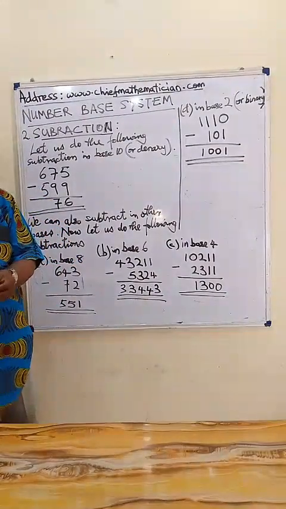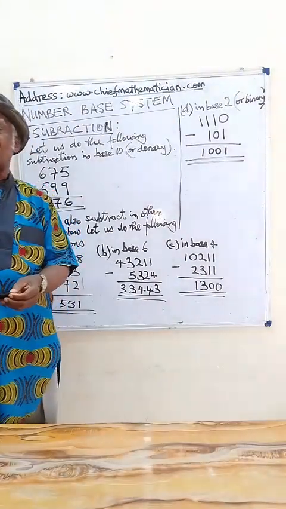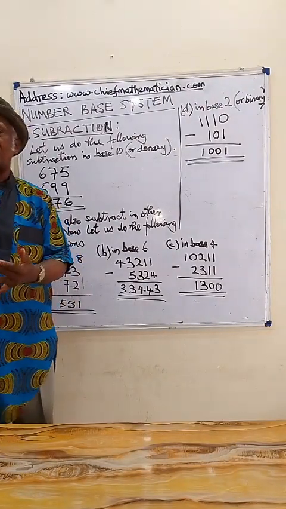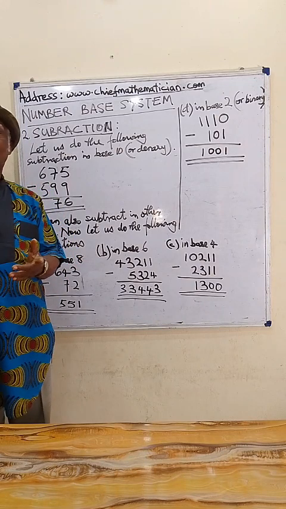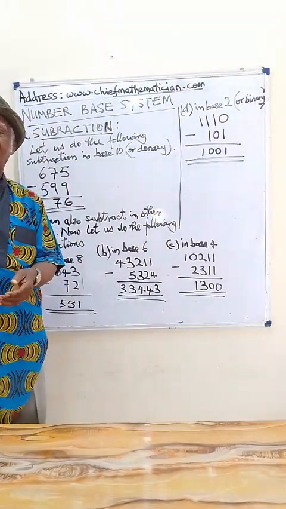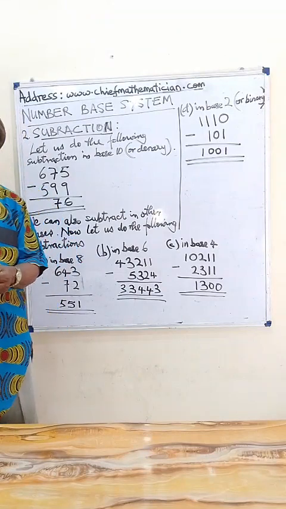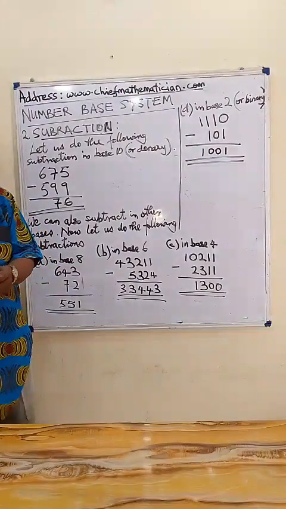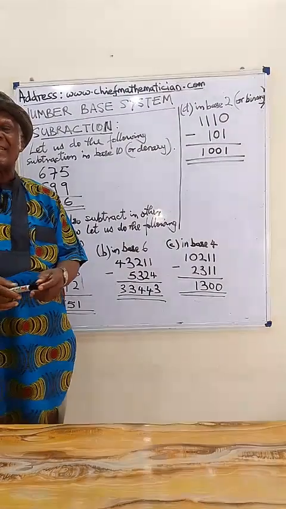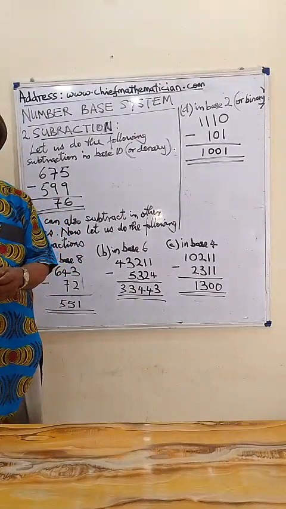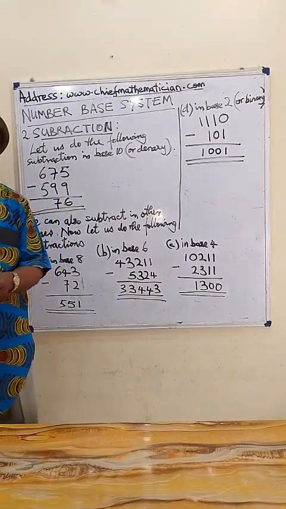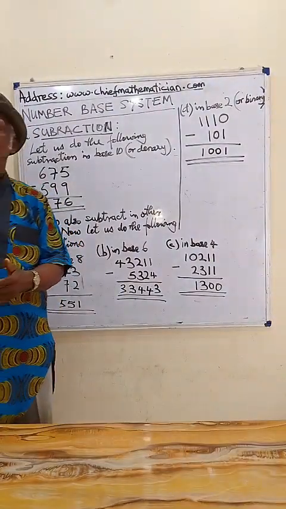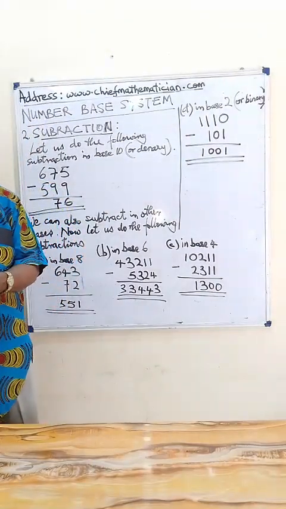If you are operating in base 8, the digits you can get in any number in base 8 are 0, 1, 2, 3, 4, 5, 6, 7. If you are operating in base 6, the digits you can get in any number in base 6 are 0, 1, 2, 3, 4, 5.